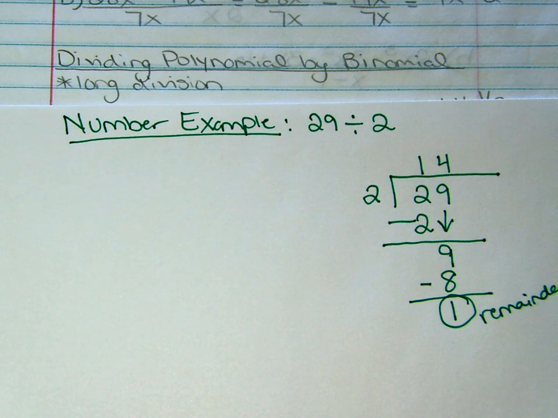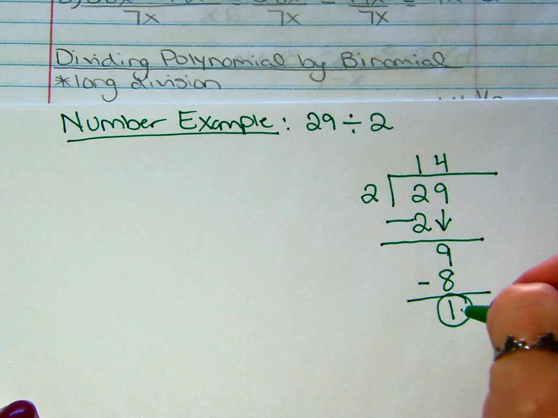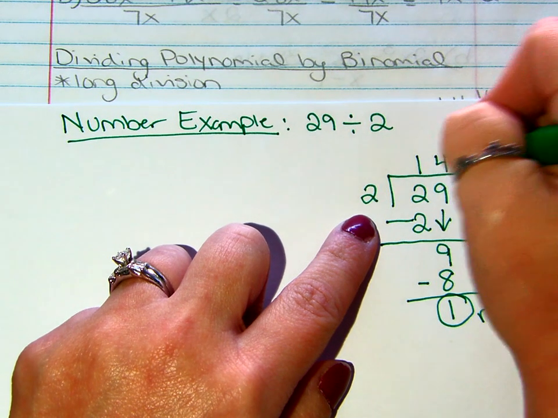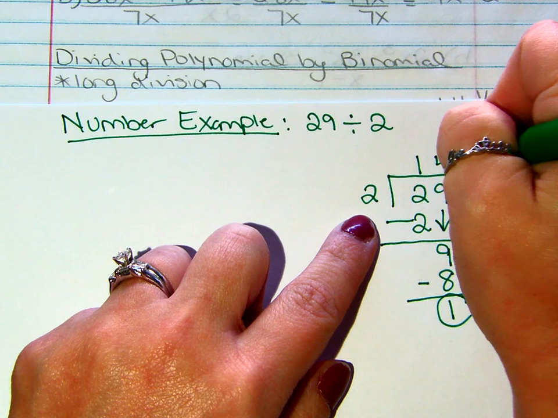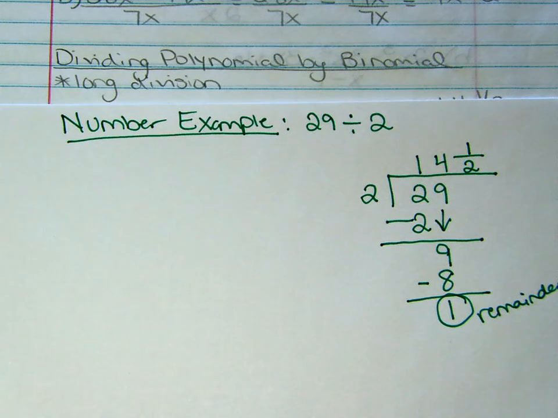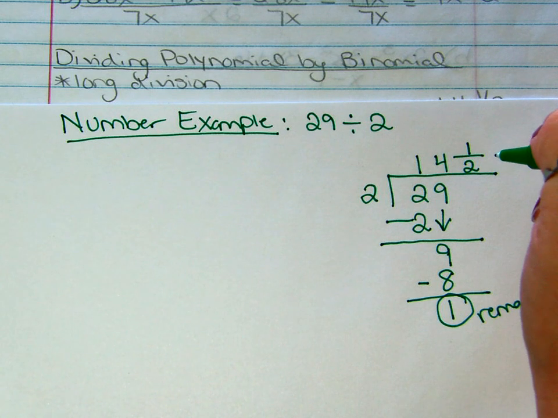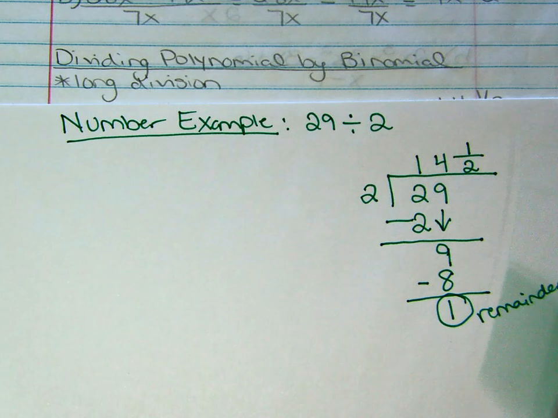And so what we do with this remainder is we stick it over what we were dividing by. So up here next to the 14, I'm going to write 1 over 2. You stick your remainder on top of what you were dividing by, and that gives you the fractional part to go with your whole number. So 29 divided by 2 is 14 and a half.